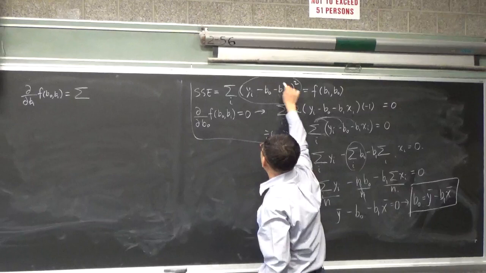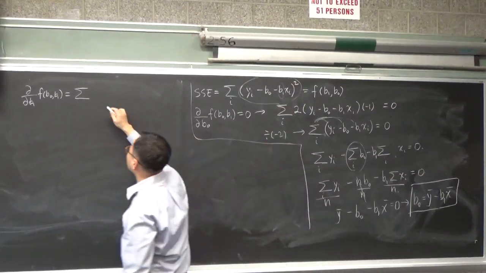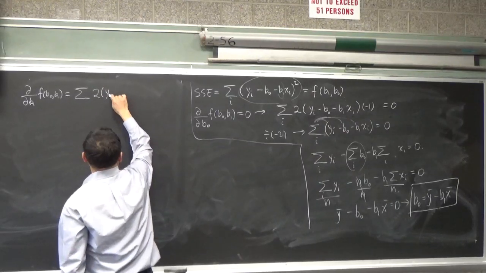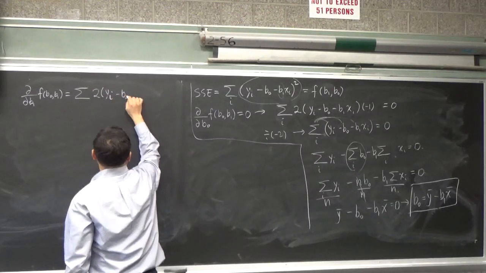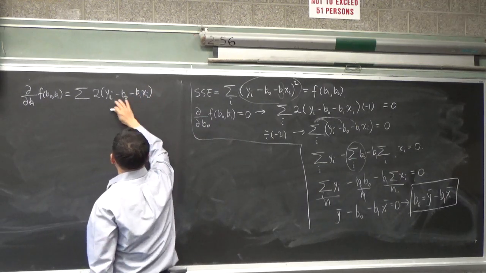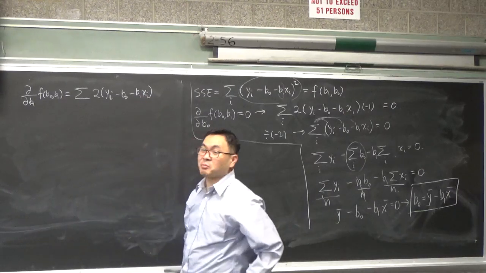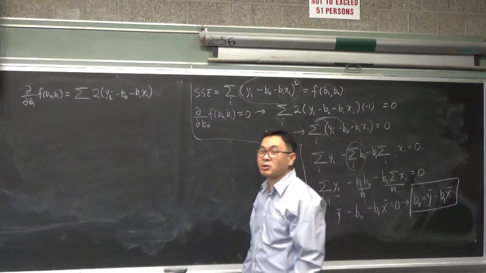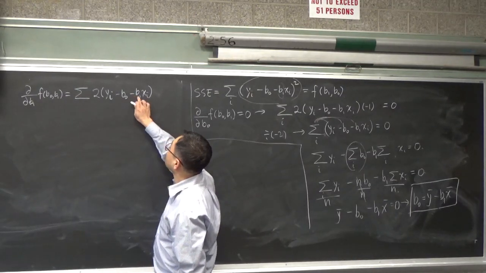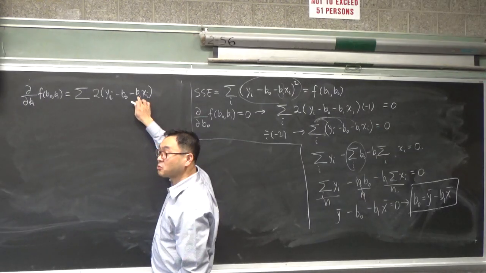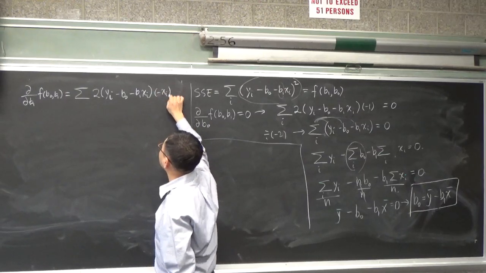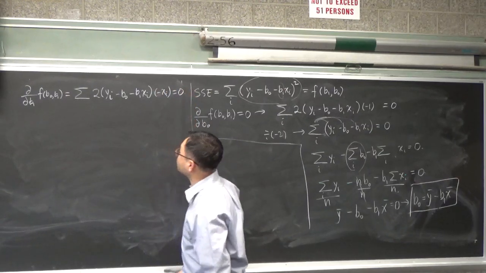This is nested inside this square function, so same story. 2 comes down, whatever is inside stays unchanged, but then you have to differentiate the inside by B1. Okay, what do you get if you differentiate the inside function by B1? Negative 1 x. Right, B1 differentiates to 1, so it's negative 1 times xi, or just negative xi. That has to equal 0.